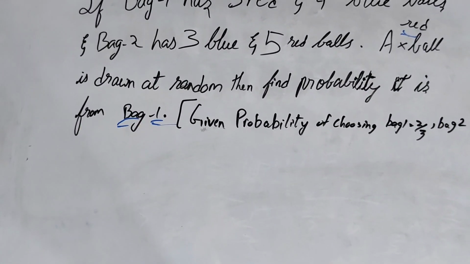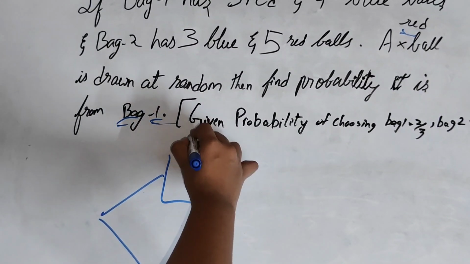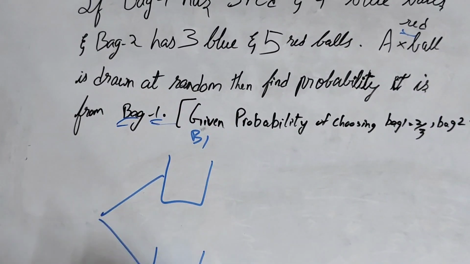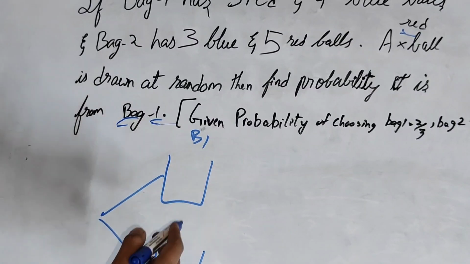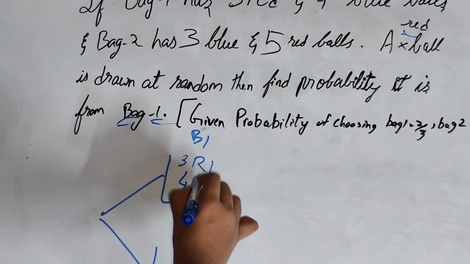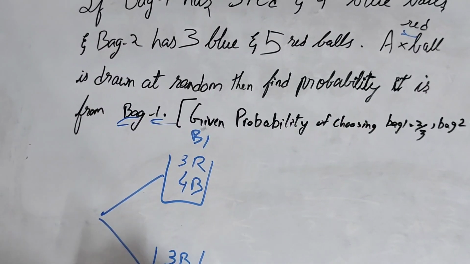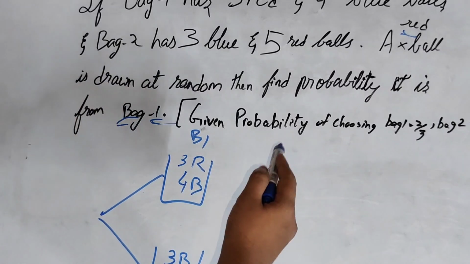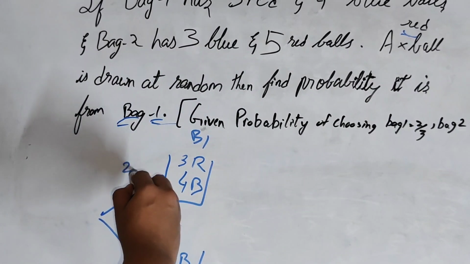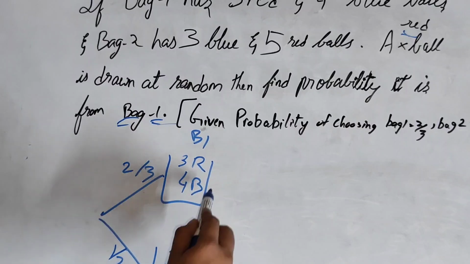As I have mentioned before, first we'll have to draw a tree-like structure. Name them B1 and B2 for bag 1 and bag 2 respectively. Bag 1 has 3 red and 4 blue balls and bag 2 has 3 blue and 5 red balls. Now it's given that the probability of choosing bag 1 is 2 by 3 and the probability of choosing bag 2 is 1 by 3.